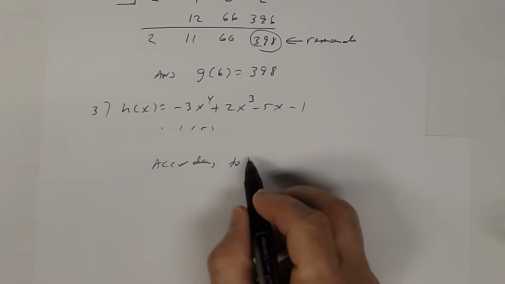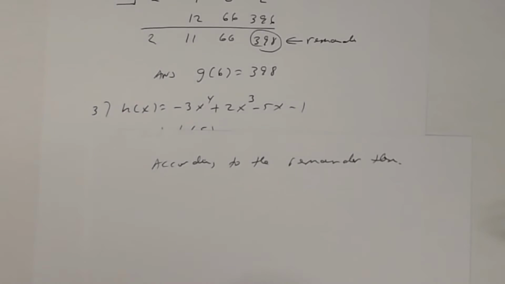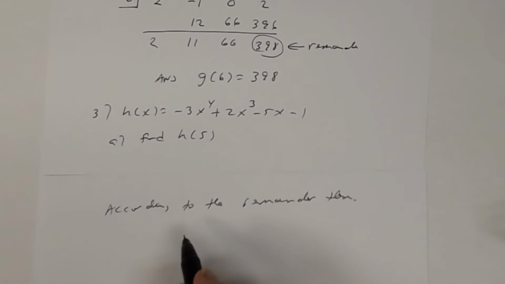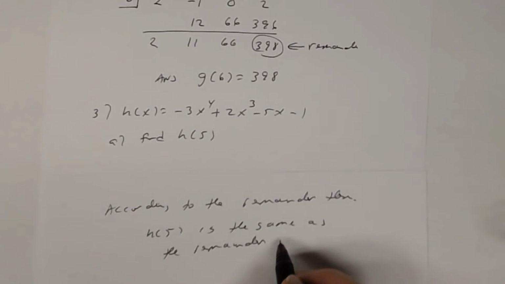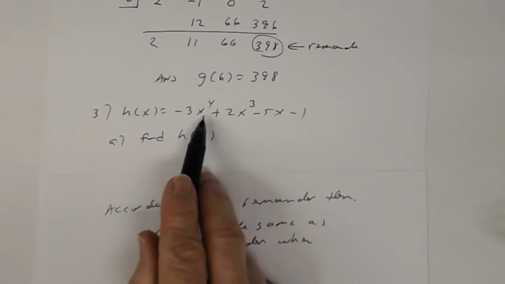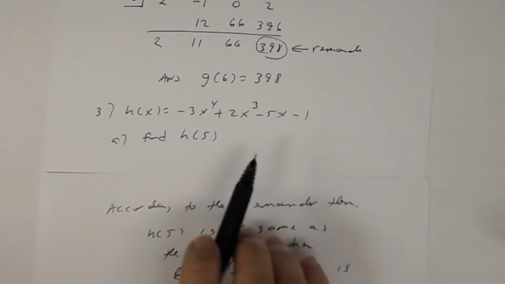I'm just going to write it out again. Make sure you understand, according to the remainder theorem, h of 5 is the same as the remainder when this polynomial, negative 3x to the 4th plus 2x cubed minus 5x minus 1, is divided by, and remember you want to find h of 5, right?